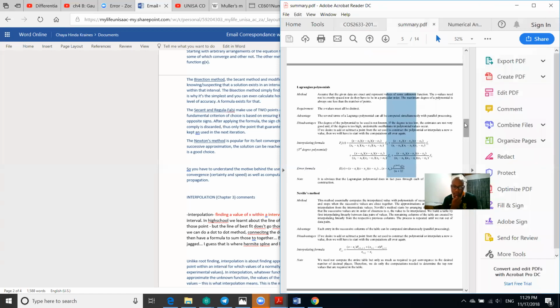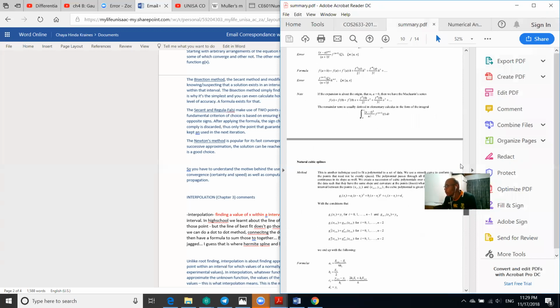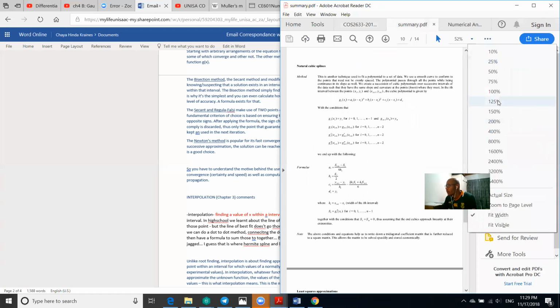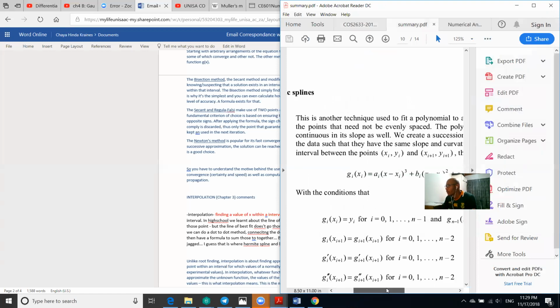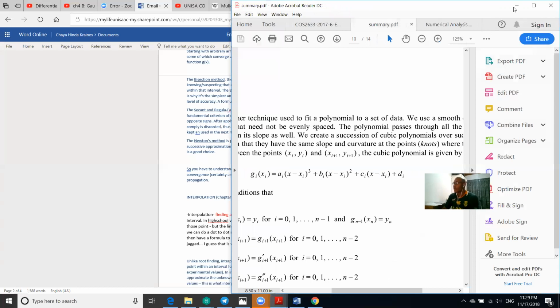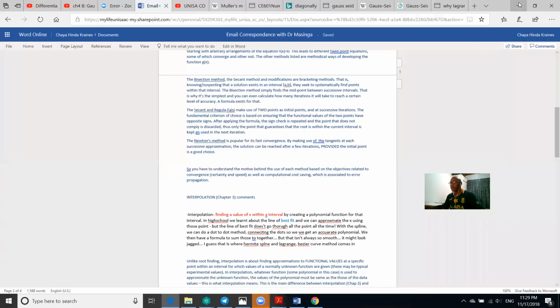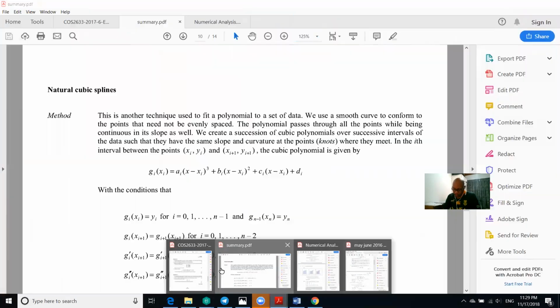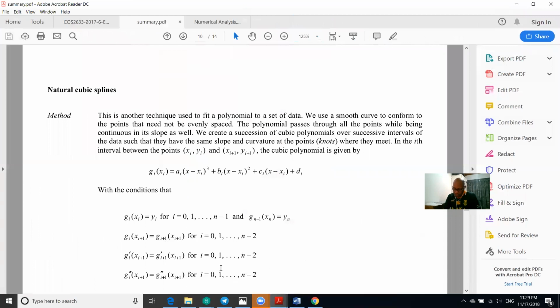Here, we have this whole page. Oh, can you zoom in? Memorize this, I guess. But memorize everything.